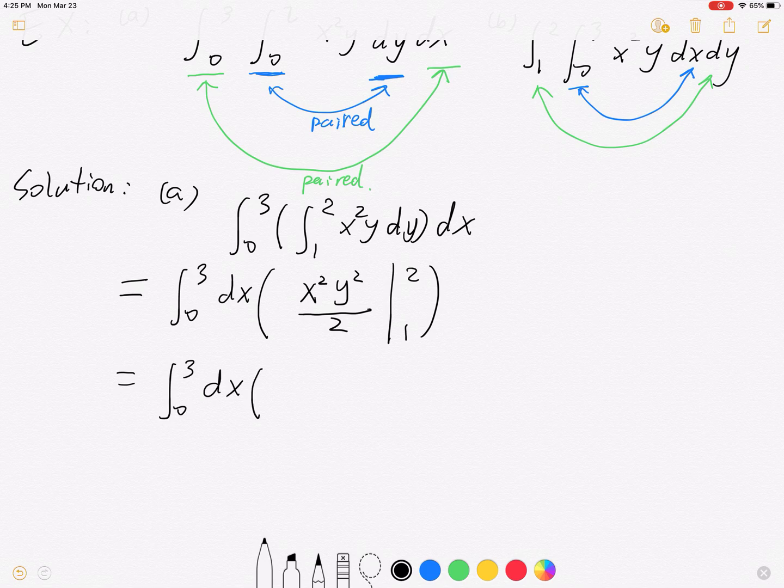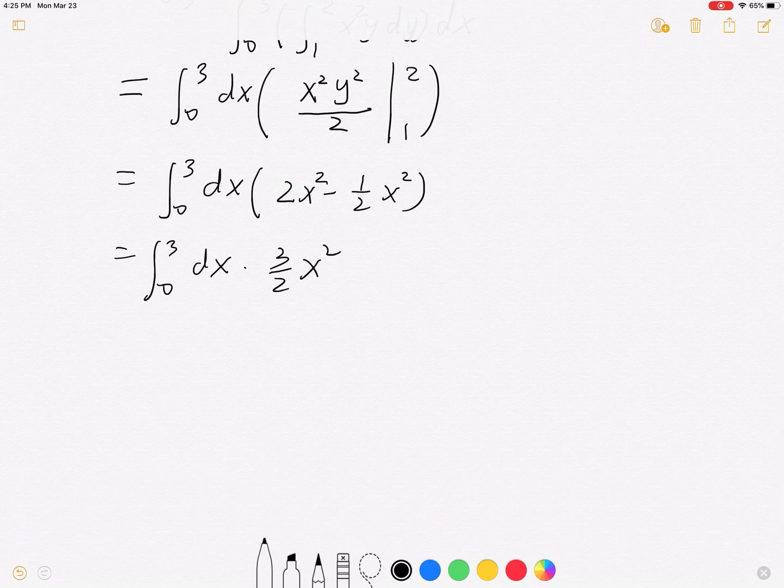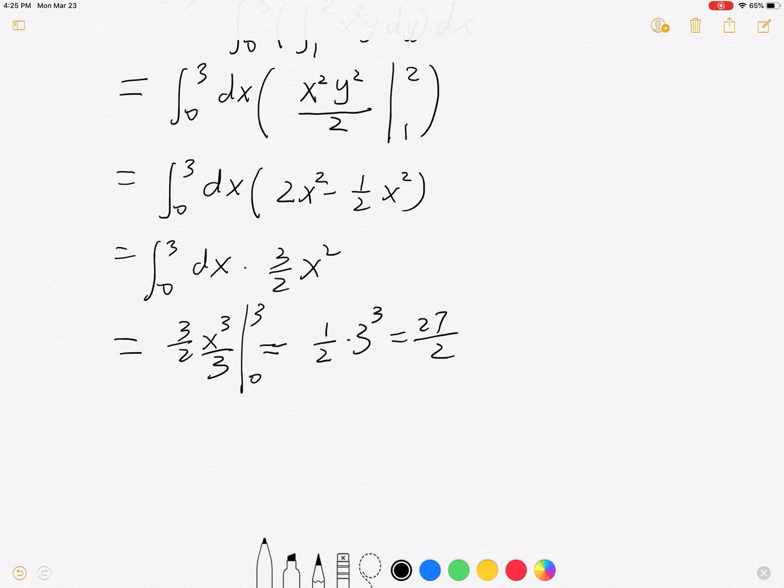Then inside you have 2x squared minus 1/2 x squared, you have 3/2 x squared. So next you integrate with respect to x, evaluated at 3 and 0. So finally you have 1/2 times 3 cubed, 27/2.